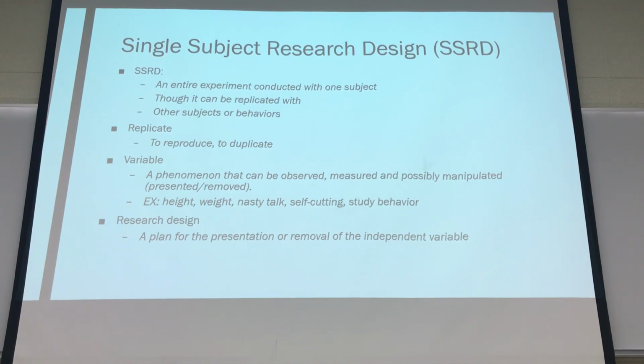We can do interval observations, have a series of consecutive intervals, and record plus if the nasty talk occurs in that 10-second interval, minus if it doesn't occur in that 10-second interval. We can do momentary time sampling. We do a 10-second observation after 20 minutes of doing nothing. Is nasty talk occurring in that 10-second discontinuous interval? Plus, yes. Minus, no. Okay? So we can measure it.